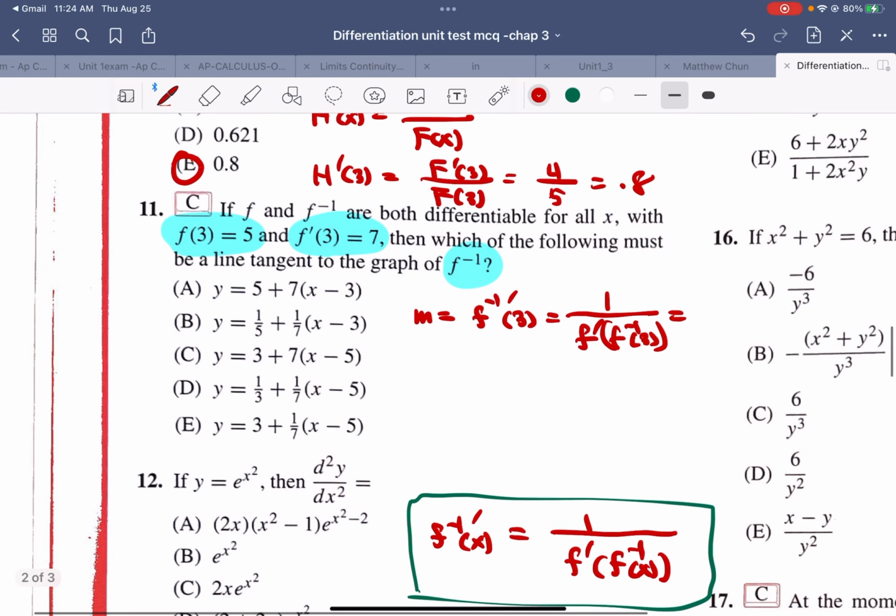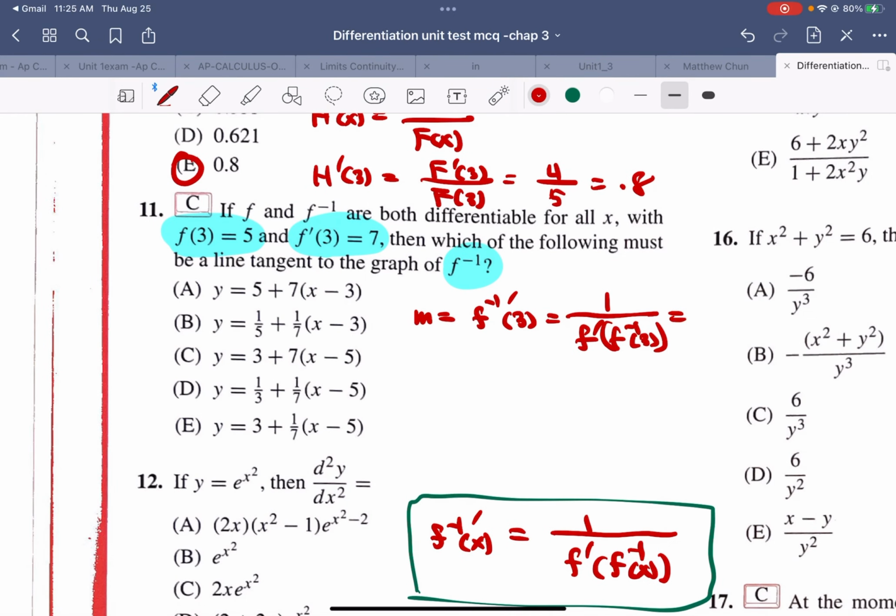We don't have that one yet. Since they don't give you f inverse of 3, we are not looking for the tangent line at x equals 3. So it's not this one.